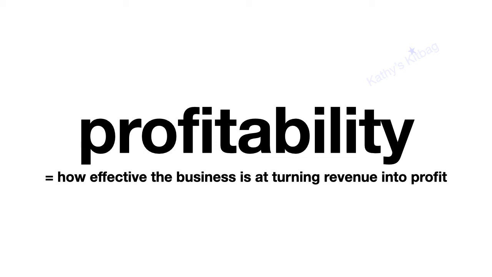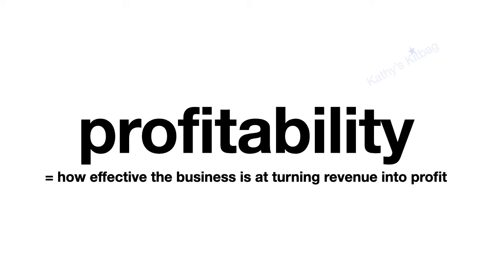So, for example, we've just been talking about price elasticity of demand. For an elastic product, the business will get much more sales volume if it reduces its selling price, and that would increase profit. However, reducing the selling price is going to reduce its profitability. So it'll sell lots more units, but it will sell each of those units at a lower margin.